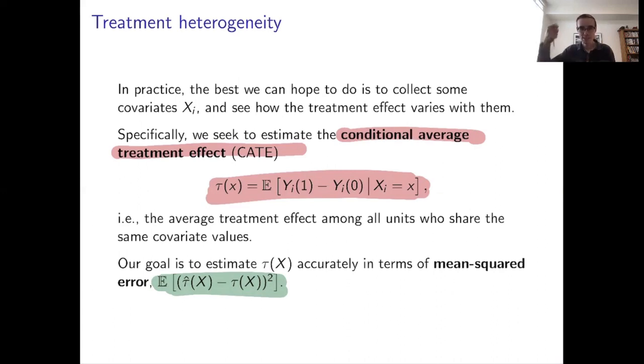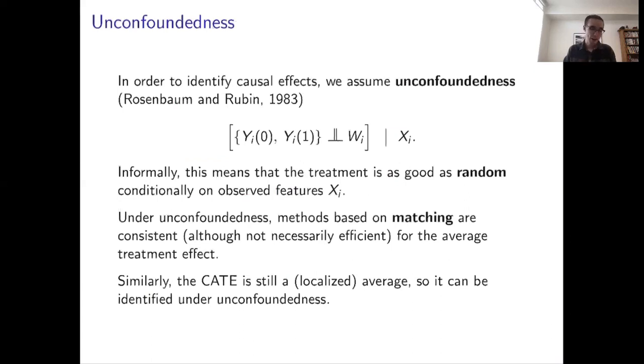Every person has their x covariates. In terms of your x's, you have your true tau of x, your true conditional average treatment effect. And then we're going to estimate tau hat of x, a conditional average treatment effect for you. And we want that for the typical person, these are close.